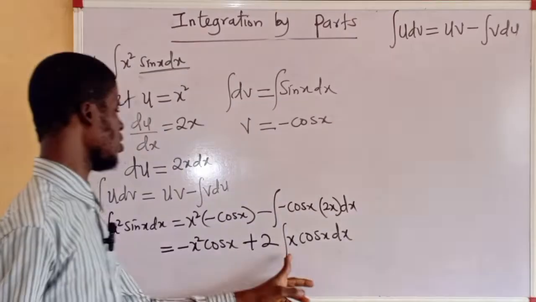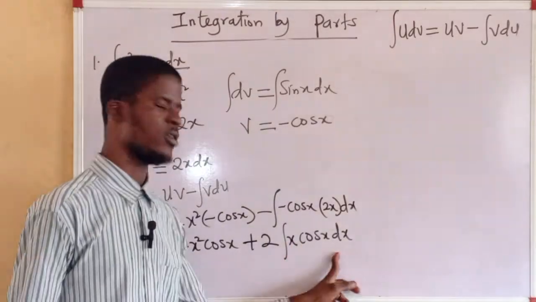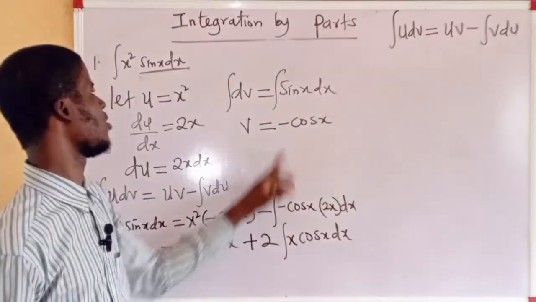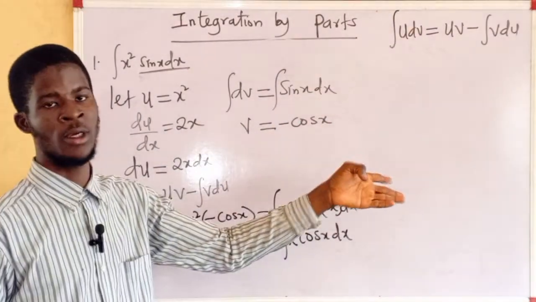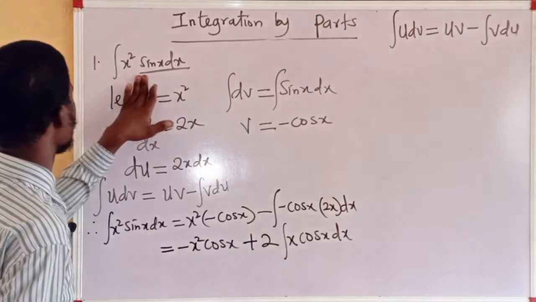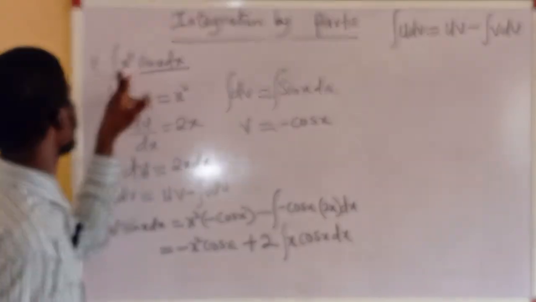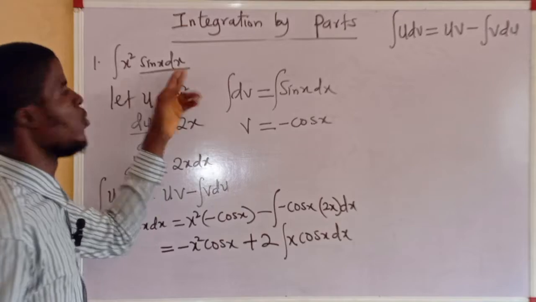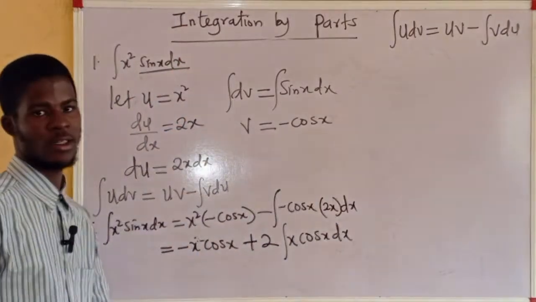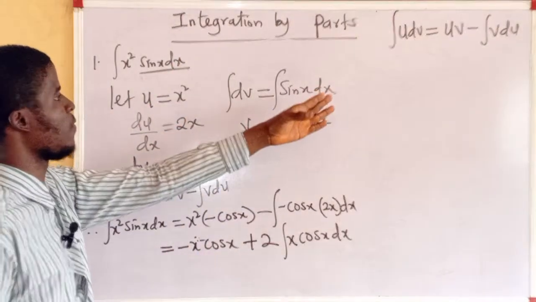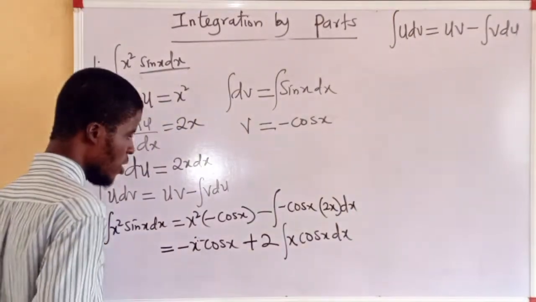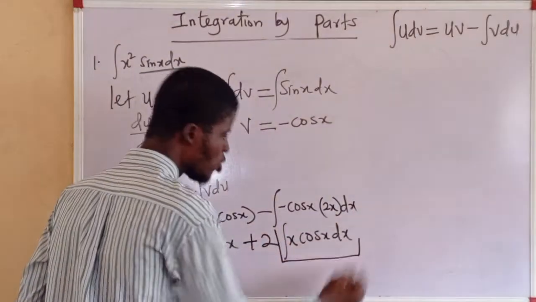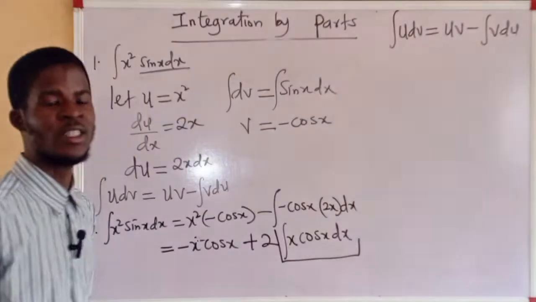So the integral of x cos x dx is not a standard integral, unlike the integral of sin x dx, which is equal to minus cos x plus c. Just the same way, the integral of x squared sin x dx is not a standard integral, so we have to use integration by parts. This integral will also be integrated using integration by parts.